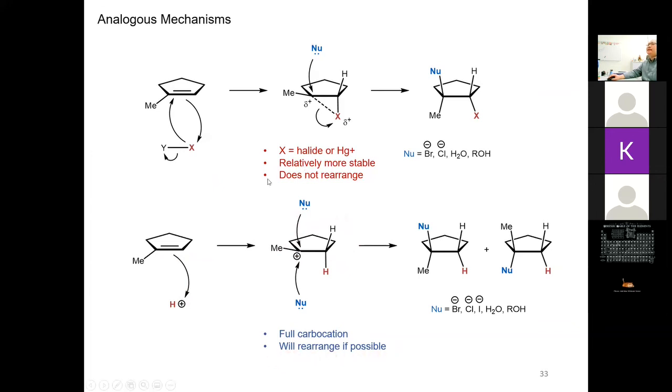Okay, so that's the general difference in mechanism between additions that start with addition of bromide, chloride, or mercury, and additions that start with addition of a proton. Okay, so you need to be crystal clear about the differences in mechanisms of different electrophilic addition reactions.